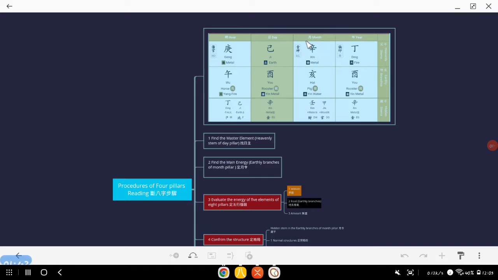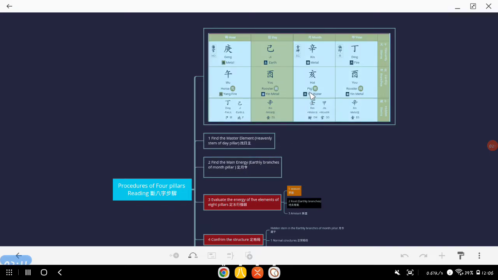For this, we're gonna check the earthly branches of the month pillar. We can see that the month pillar here has in metal, and high, this is a water, young water. So the second step, we find the main energy, that's the earthly branches of the month pillar.